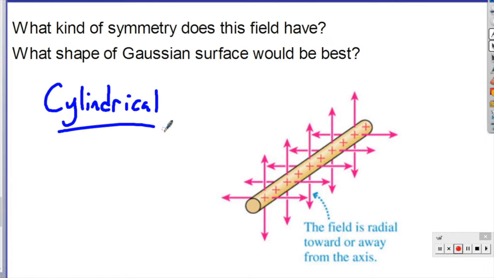We want to make sure that our cylinder is symmetric about our charge distribution. So here, I would probably draw it so that the wire is in the middle, with our cylinder kind of enveloping it all around. So you want to make sure that it is nice and symmetric. It is centered.